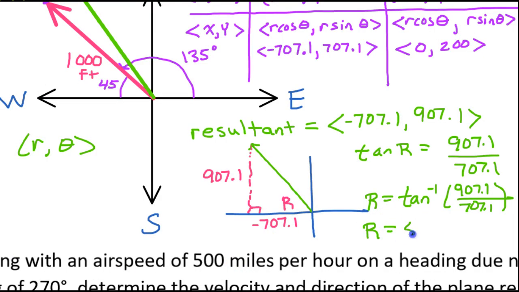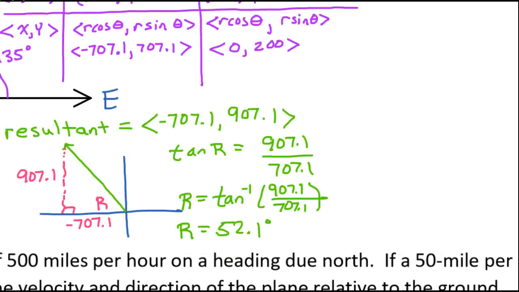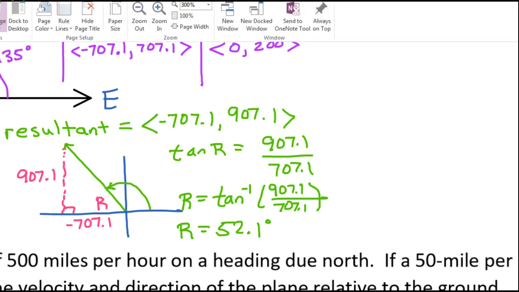Okay, so that angle is 52.1 degrees. Now in the past, we have ignored this angle and just used it to find the measure of the angle all the way from east. And that's what we've been using for the direction.